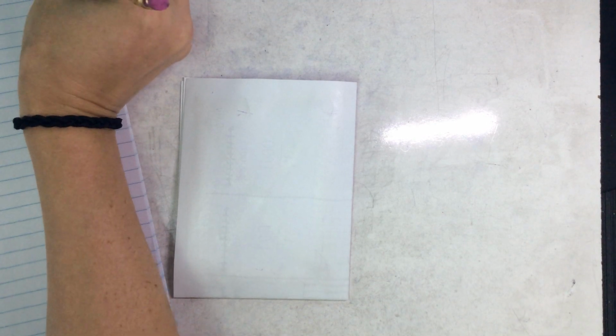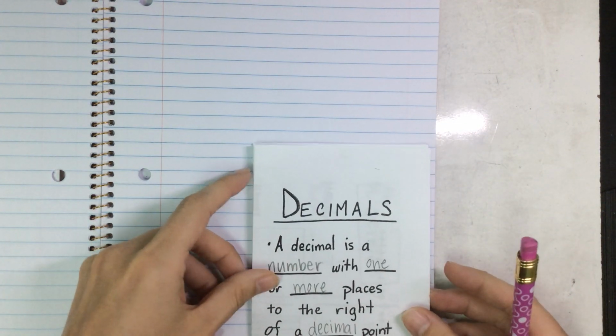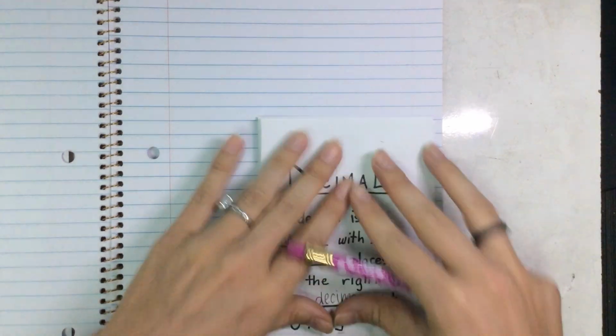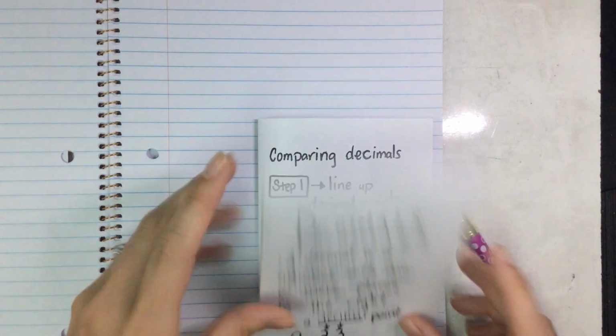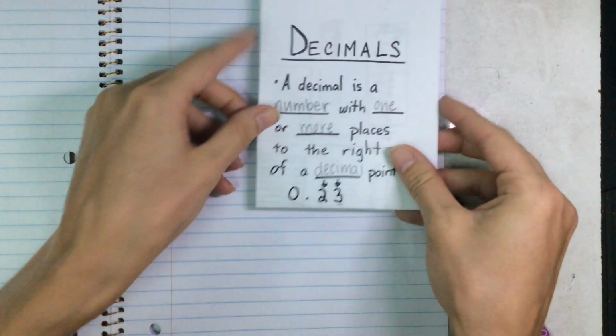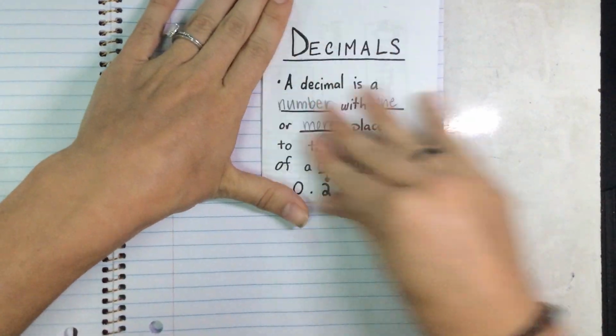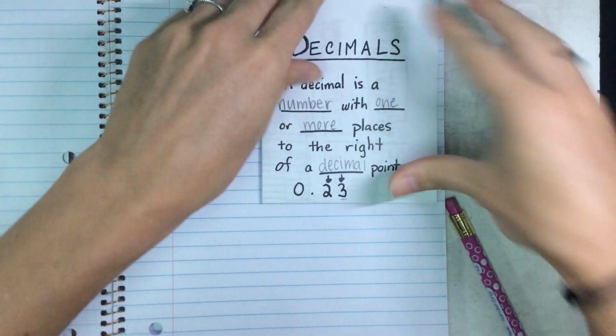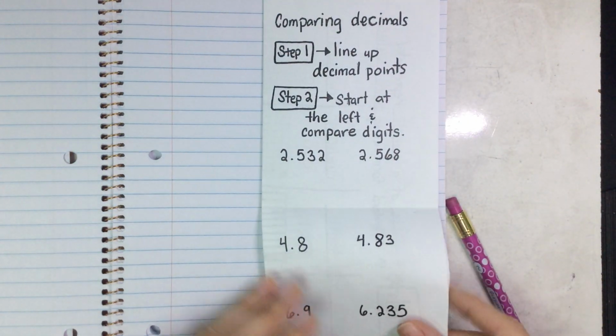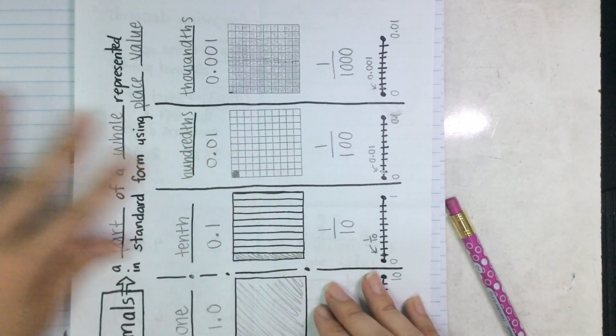So mine is page 18. Actually, I think I'm going to glue it up here like this. There we go. So then it opens up, and we can fill out the comparing part tomorrow.